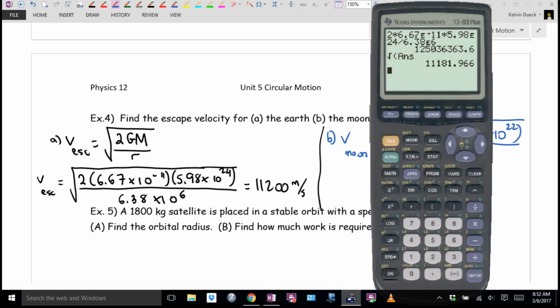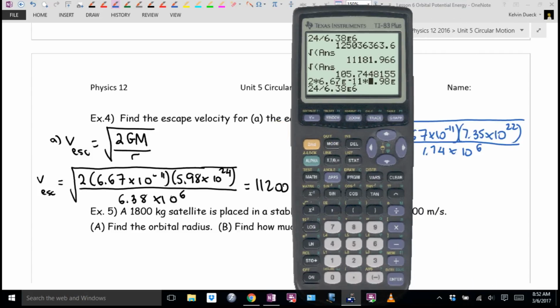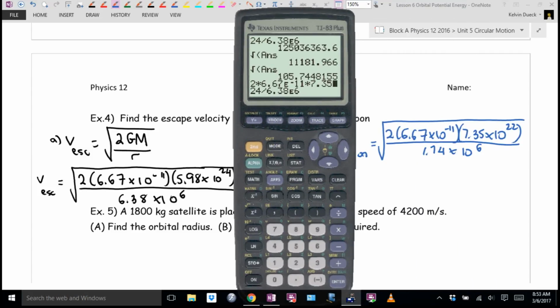With a bit of cleverness, I think I can backspace and edit and just change some things. So I got the 2 and the 6.67 times 10 to the negative 11, 7.35 times 10 to the 22, 1.74 times 10 to the 6, square root of that.